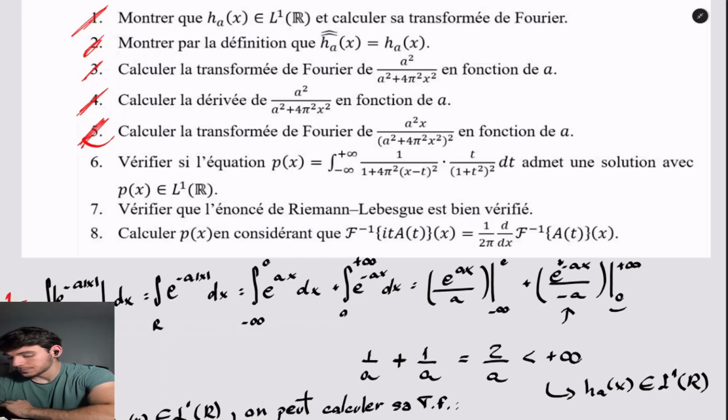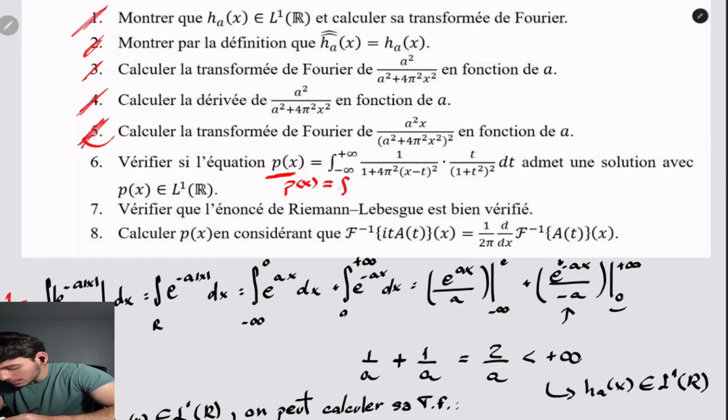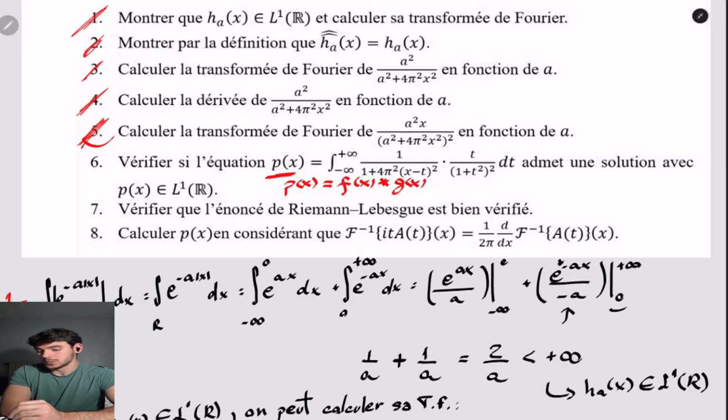As I've mentioned in the theory video, you need to be able to identify a convolution product. Here it's clearly a case where we have an equation of p of x equals f convolved with g of x. So we have a convolution product between f and g.